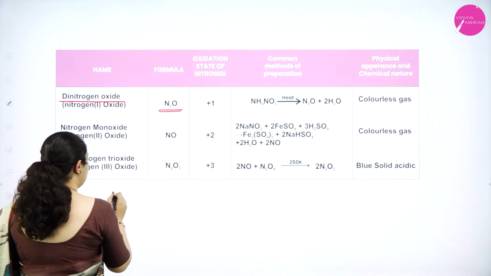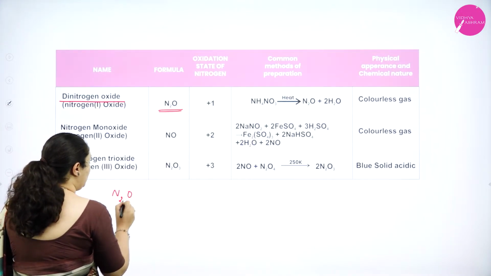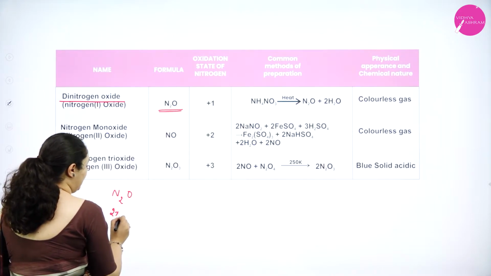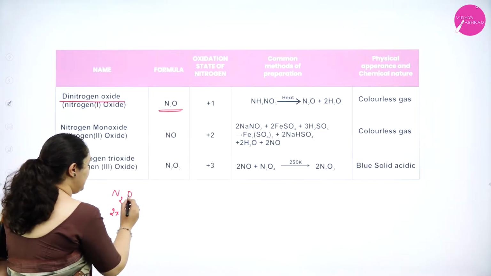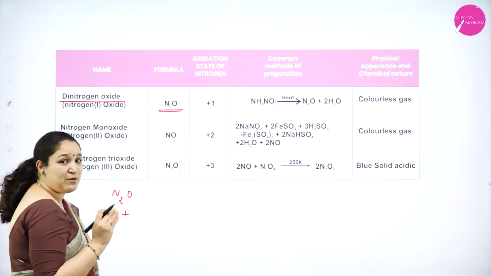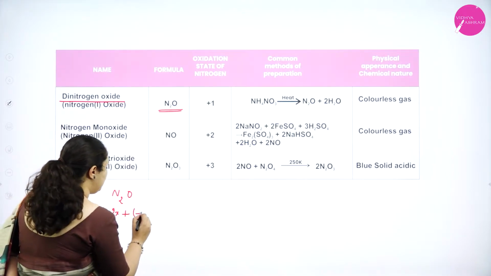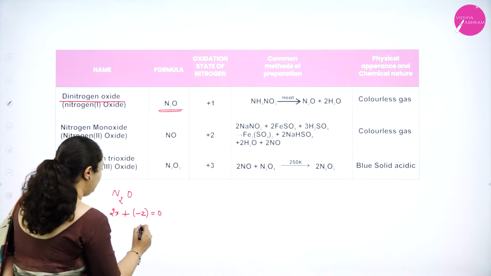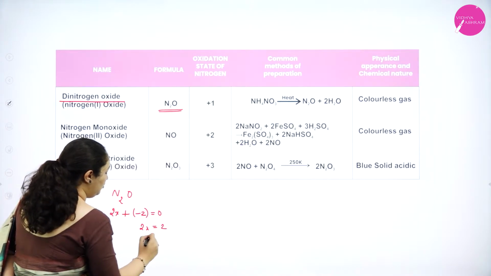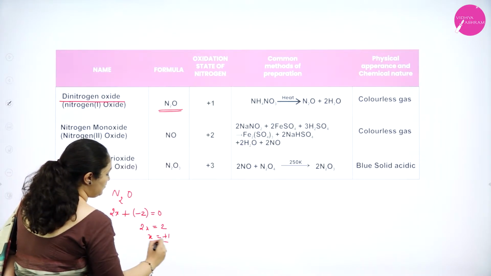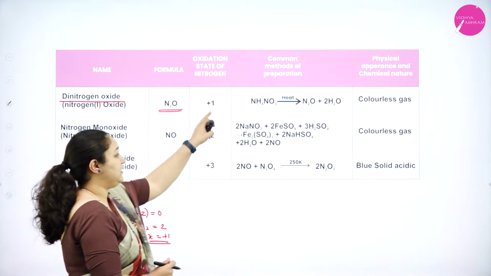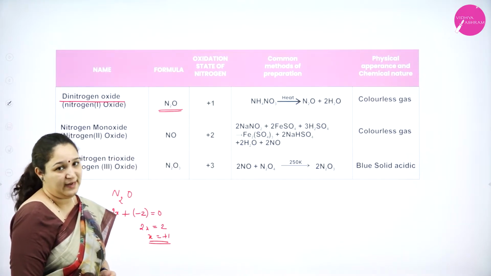If not, I shall just explain. N2O, so nitrogen you want to calculate, that becomes 2x, plus for oxide it is always -2. So 2x plus -2 is equal to 0, 2x is equal to 2, x is equal to +1. So that's how I have calculated the oxidation state of the nitrogen.